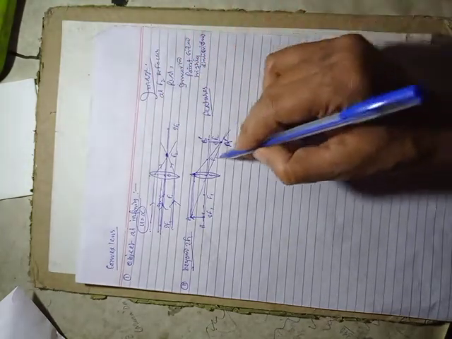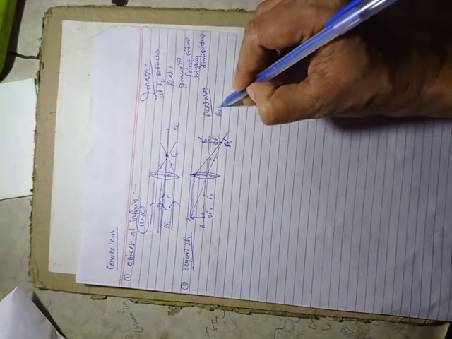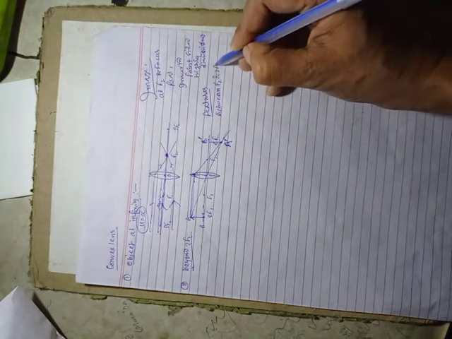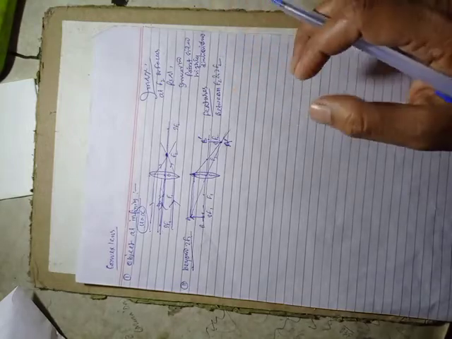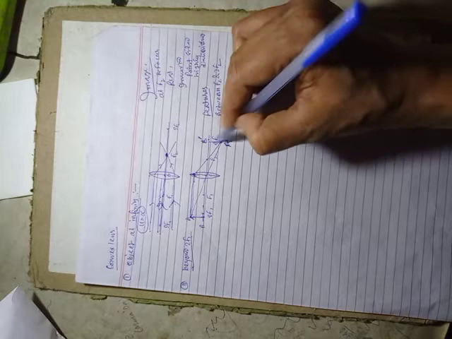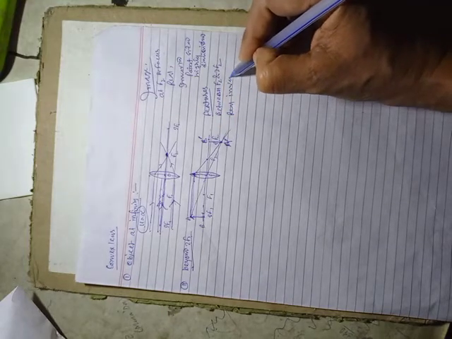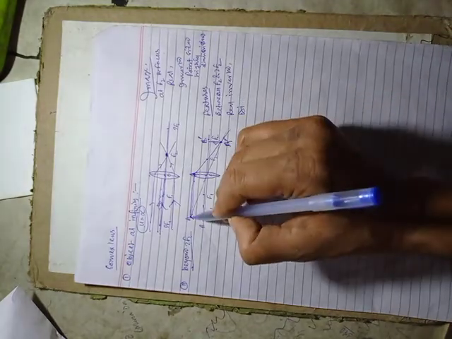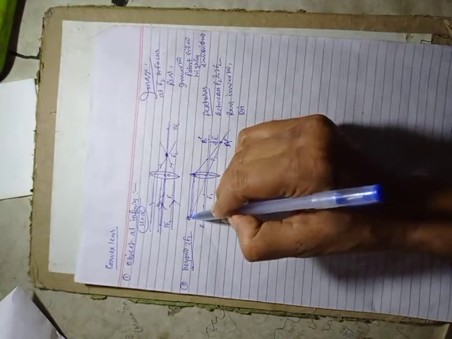It will be between F2 and 2F2. You just remember this feature, that is important. And on the opposite side means real, so real, inverted, and diminished. Diminished means, see students, it will be a little bit greater.